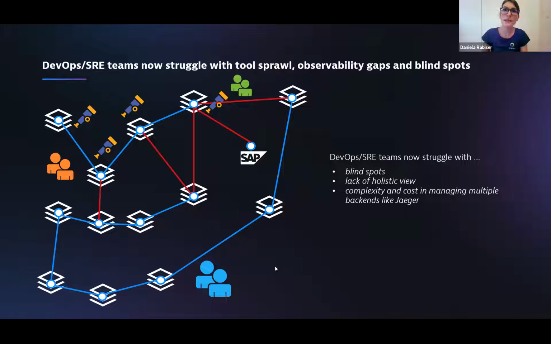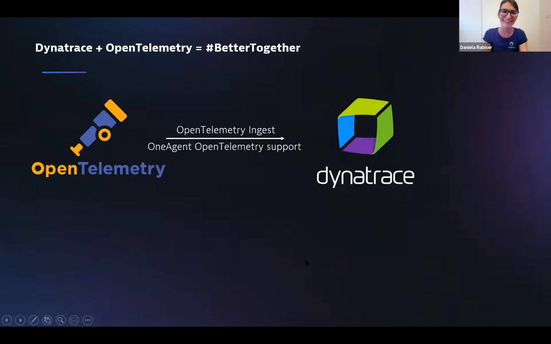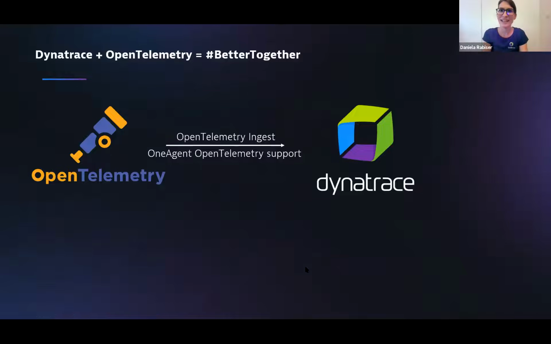So typically DevOps and SRE teams want to use Dynatrace to get a holistic viewpoint, and they do not want to weed through a set of service level point solutions when they are pinpointing a root cause for a problem at 3 o'clock in the morning. But luckily, Dynatrace can help here.